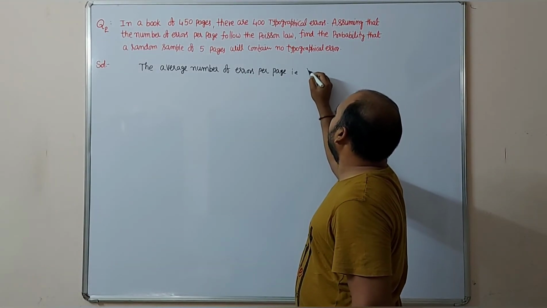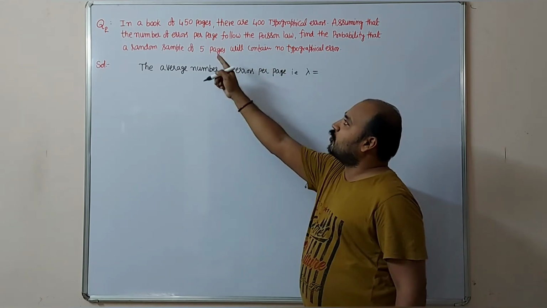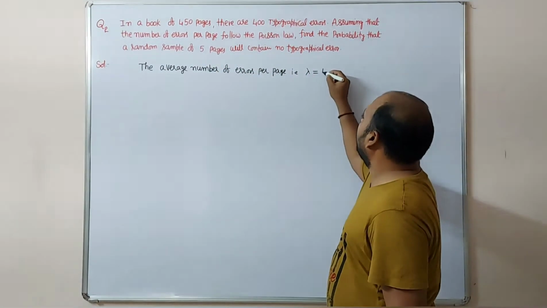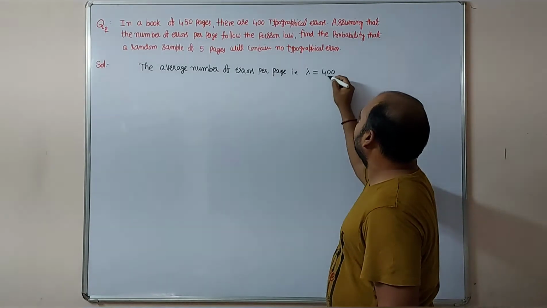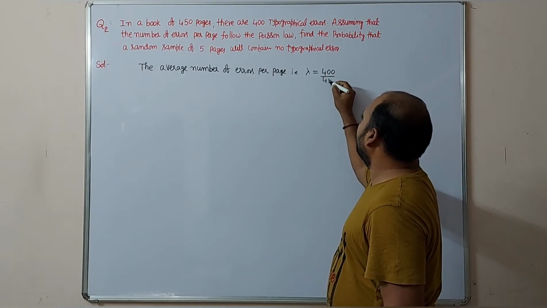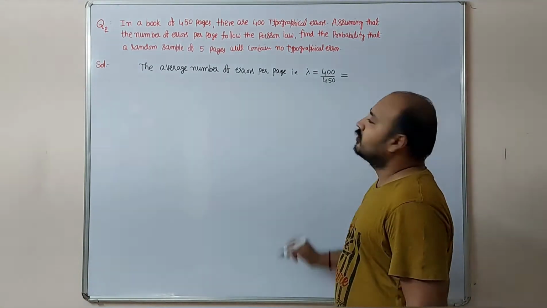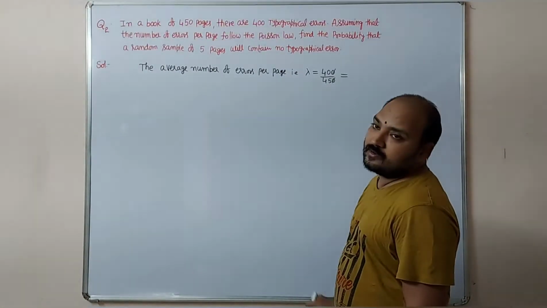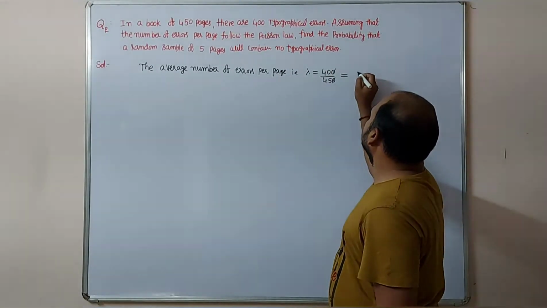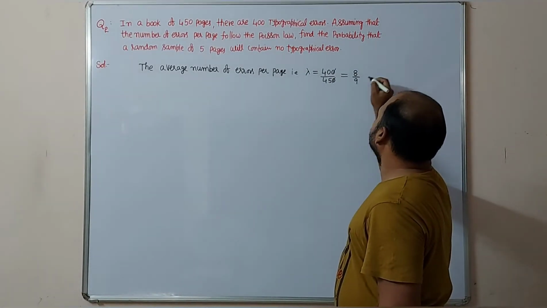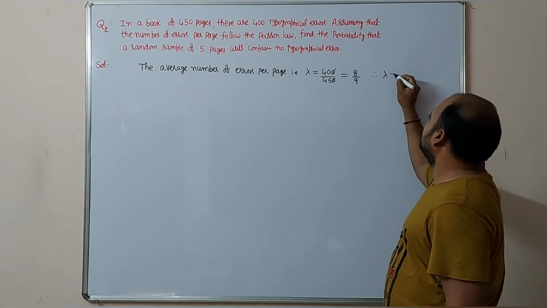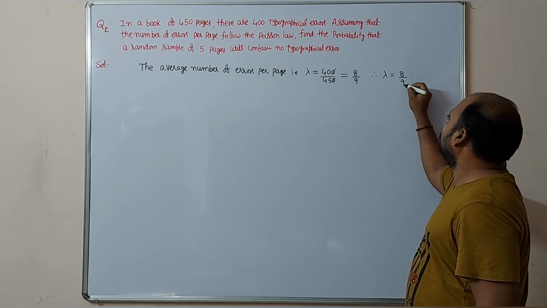That is lambda equal to 400 divided by 450. So the zeros get cancelled, 5 8s are 40, 5 9s are 45. Therefore lambda equal to 8 by 9.